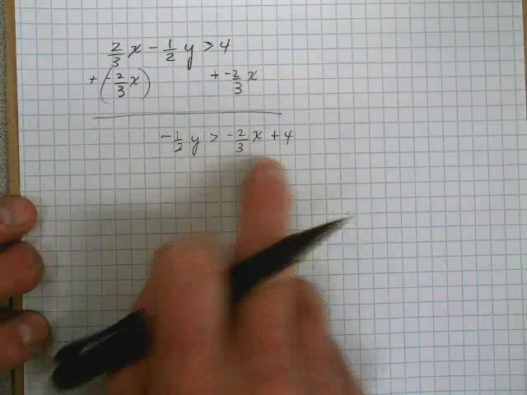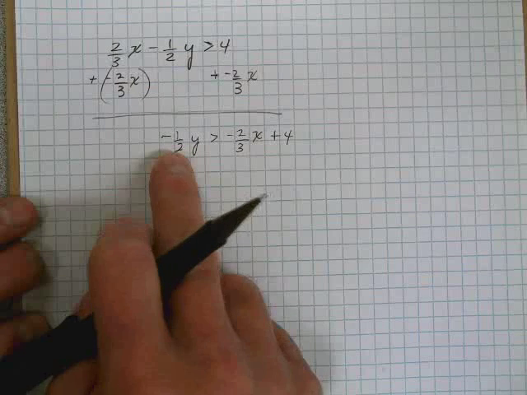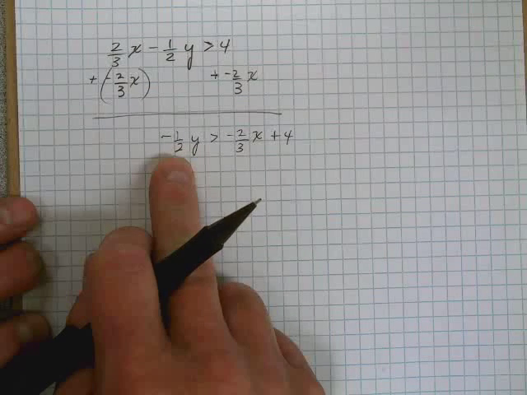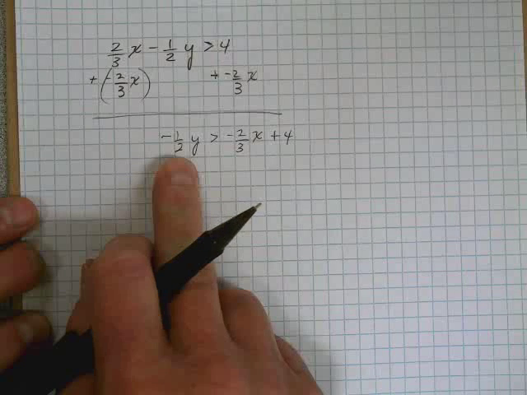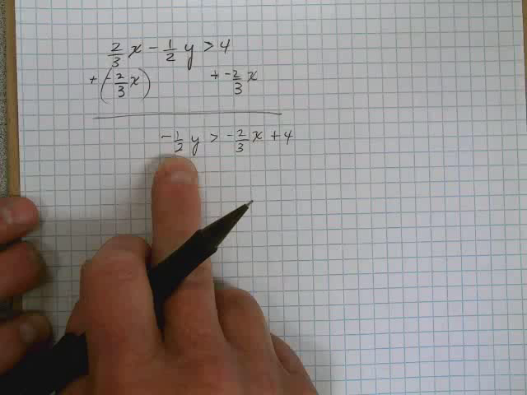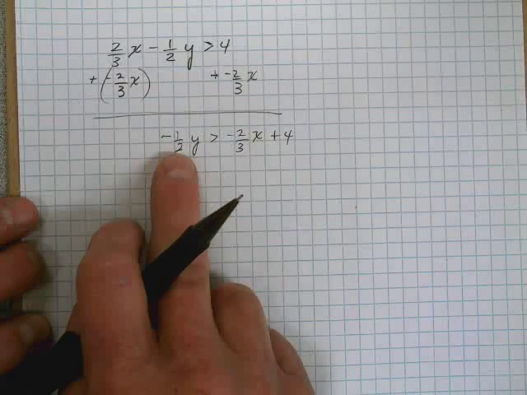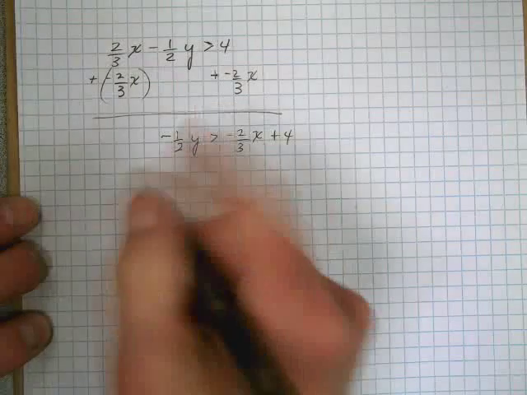Next step in the solution process is to recognize that I'd like to perform an operation that makes the coefficient on our y variable term a 1. To do that, I'll use the multiplication property of equality and the multiplicative inverse property to multiply both sides of this inequality by -2. And that's because -2 is the multiplicative inverse of -1/2.